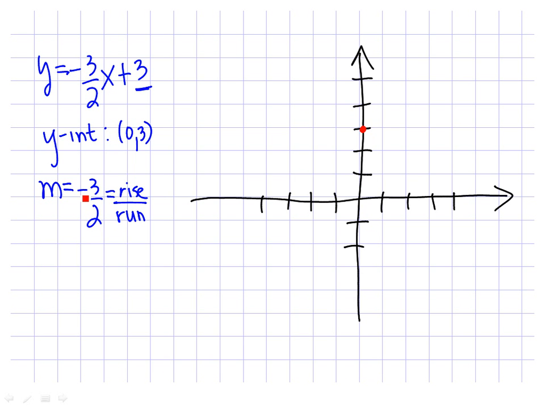Then it says -3 over 2. So what you can do, instead of rising, you can just go down 3. Alright, so because it's negative, we can go down 3 units from the y-intercept. 1, 2, 3, and go to the right 2 to run 2. Then we'll connect.